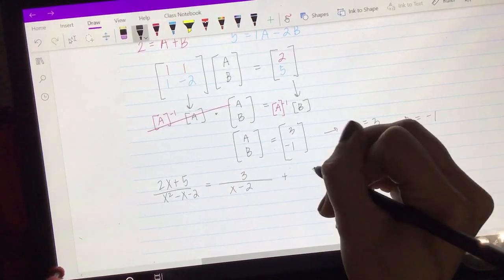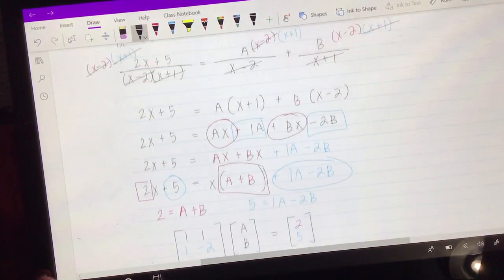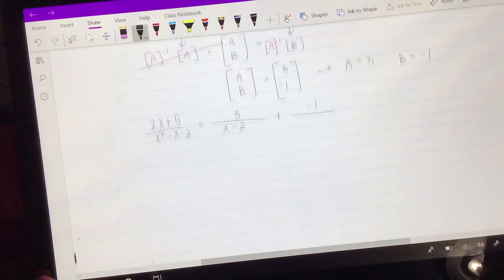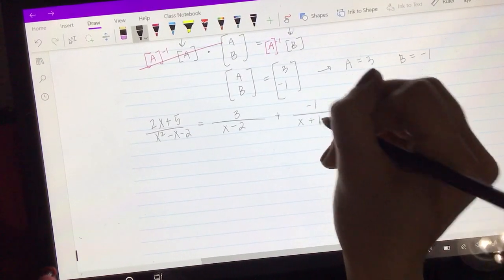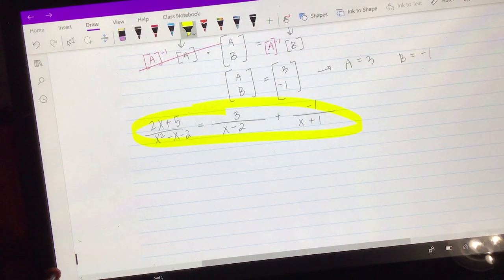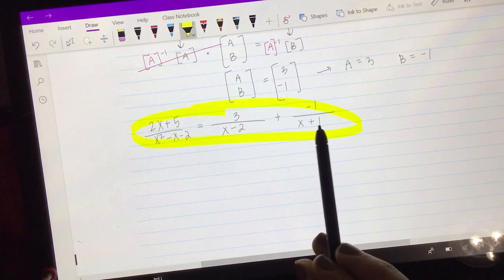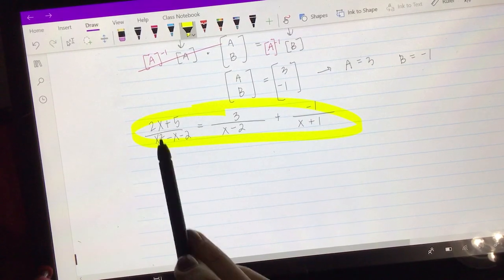Our b value is -1. Our second denominator is x plus 1. So this is your final answer. You can check it by adding these together by getting a common denominator and making sure that it's equal to the left side.